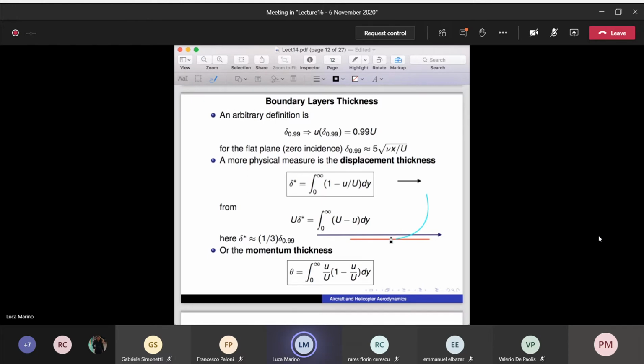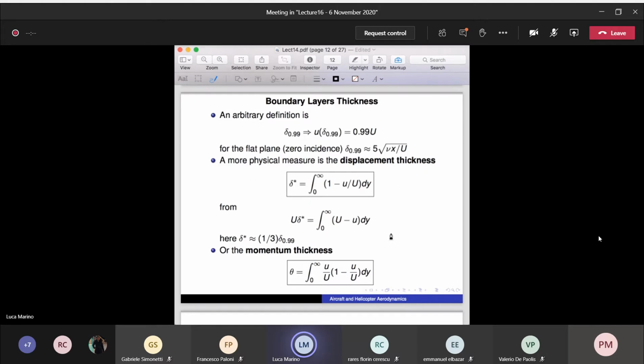So what is going to happen is that if we remember the physical meaning of the streamline, we know that between two streamlines, if we introduce the stream function and we quantify the corresponding value of the stream function on each streamline, the distance between two streamlines is proportional to the mass flow rate between them.